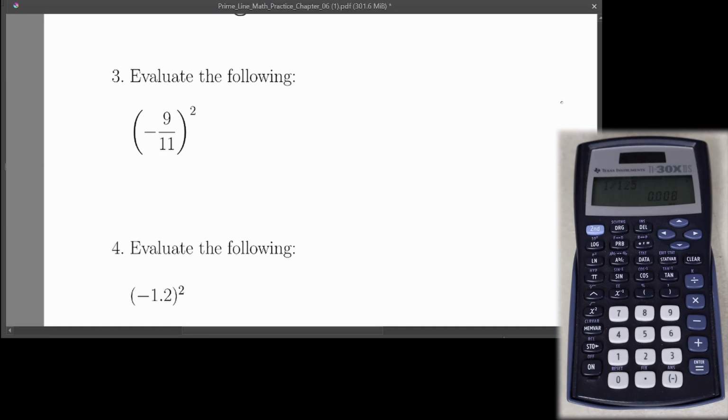Number 3, we are squaring the value, so we could indicate that as negative 9 over 11 times another negative 9 over 11. We could multiply these two fractions together. Negative times negative gives us a positive. 9 times 9 gets us 81, and 11 times 11 gets us 121.